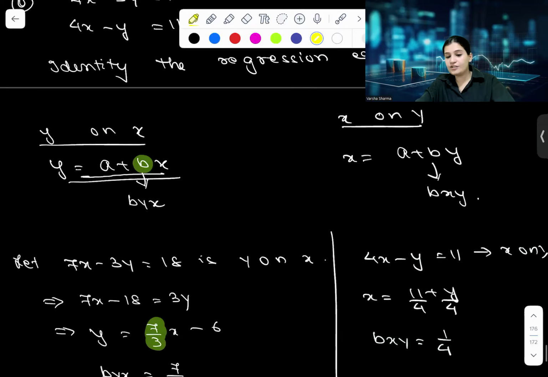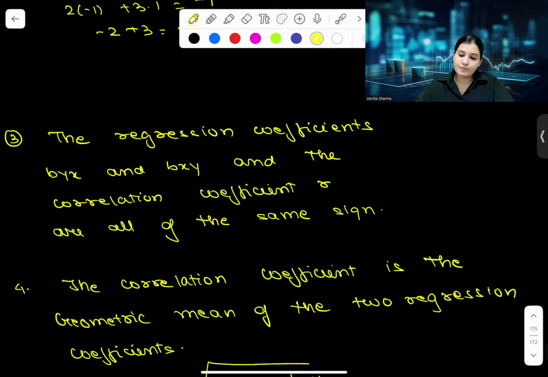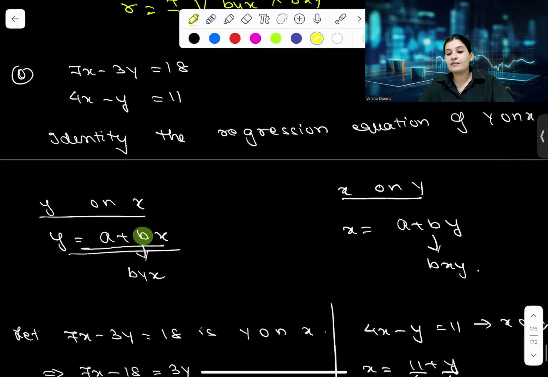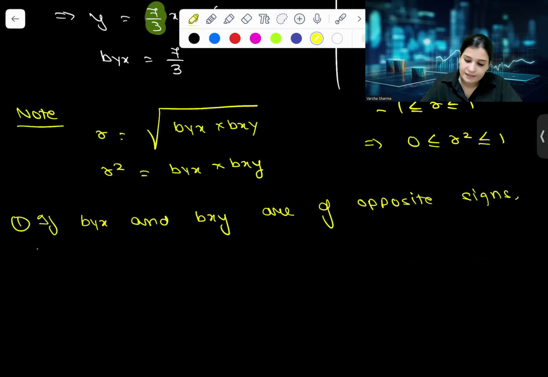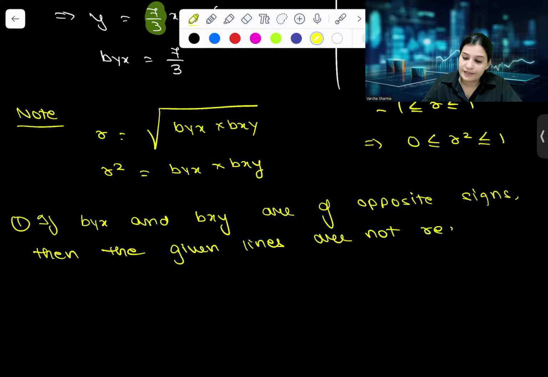No, ma'am. We just wrote here, all three have to be of the same sign. So it can't be that one of them is positive and the other negative. But if you get it in a sum, then the given lines are not regression lines. If they are both positive or both negative, then you see the product.